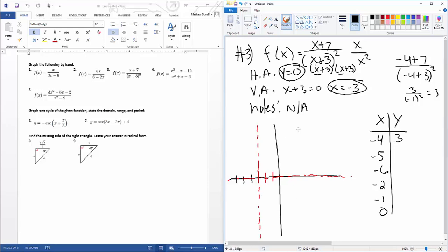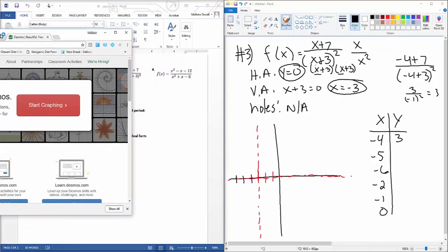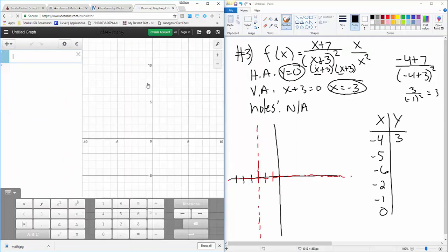Or what we can do is use our graphing utility again. This time, if I want to use Desmos, I plug in x plus 7 over x plus 3 squared.